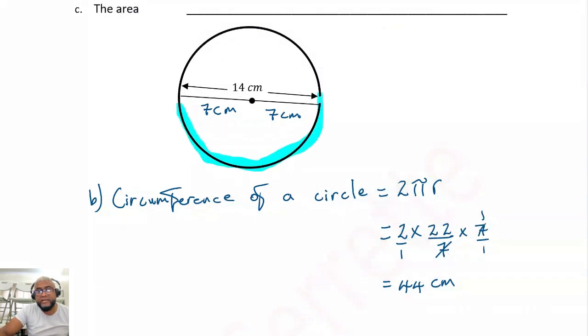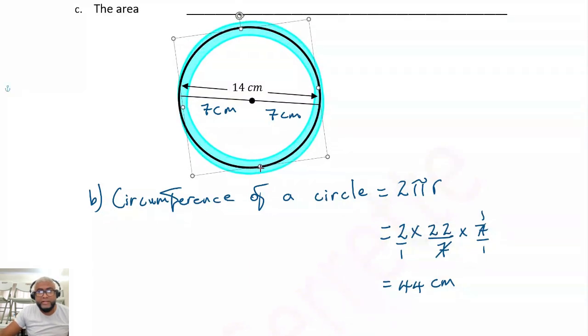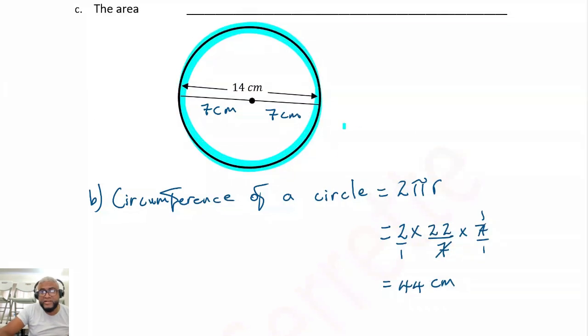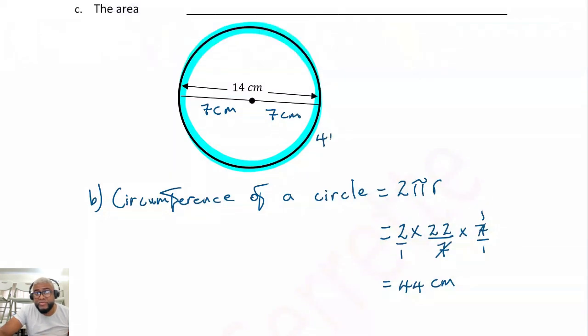You see all this piece here that I highlighted in blue? That is my circumference. So the distance, if we start at one point and move right around and reach back at the same point, that distance would be 44 centimeters.